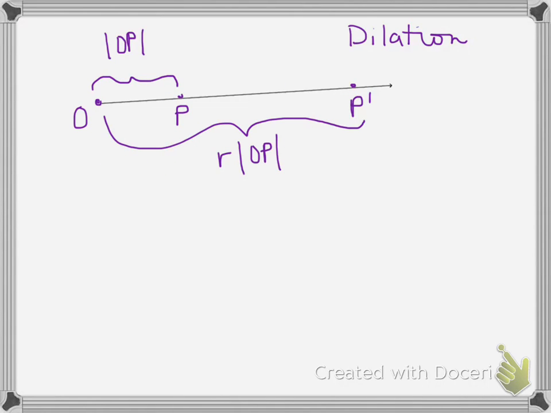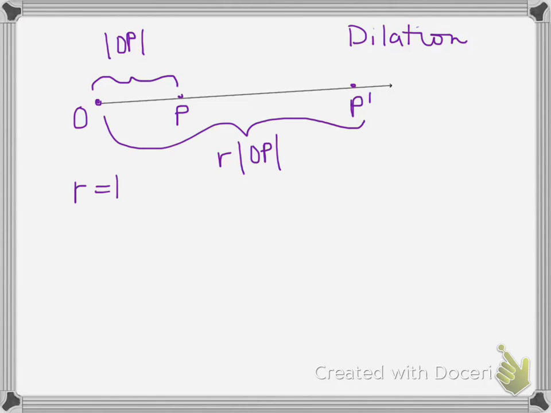So let's talk about what happens when a point gets dilated. Let's take a couple cases. We looked at scale factors equal to 1. If the scale factor is equal to 1, nothing moves.